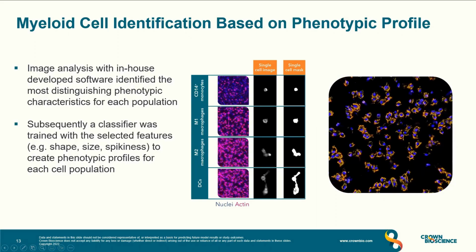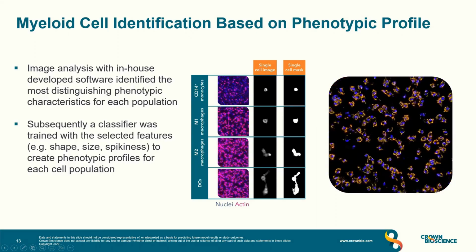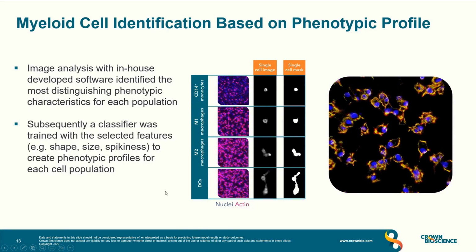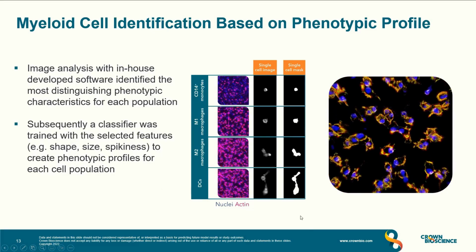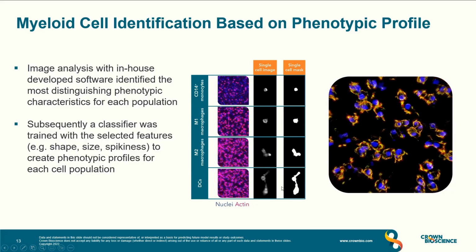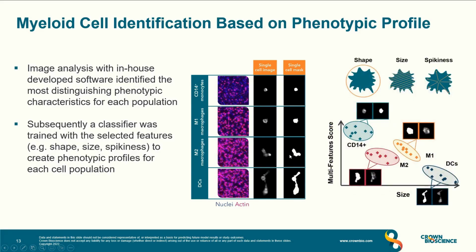So what we did subsequently is we made a classifier and trained our image analysis software using the shape, the size, the spikiness to get phenotypic profiles for each cell population. And this works very well. Here we have a multi-feature score and the size, and in this space, we can discriminate the different populations of myeloid cells.